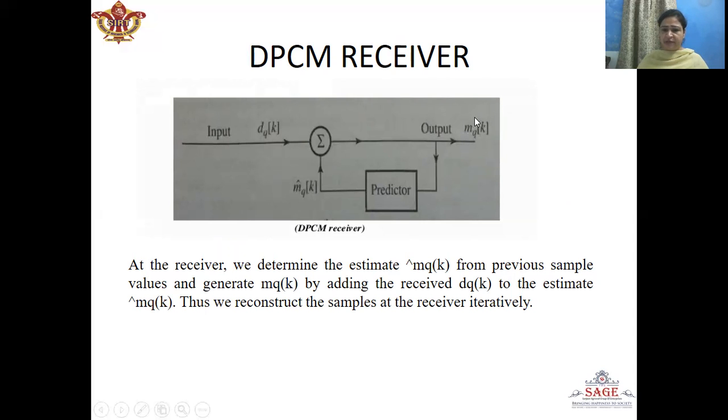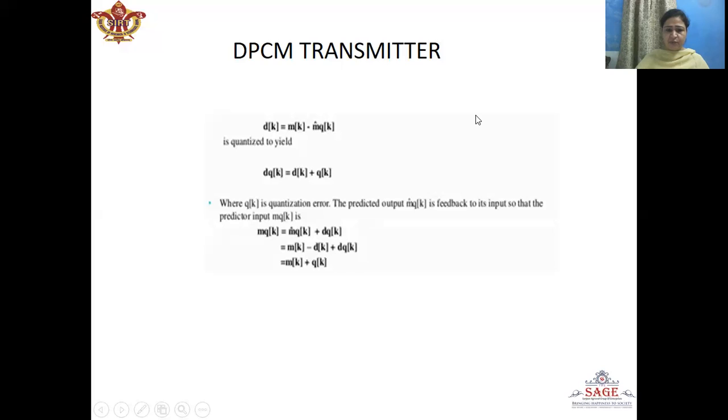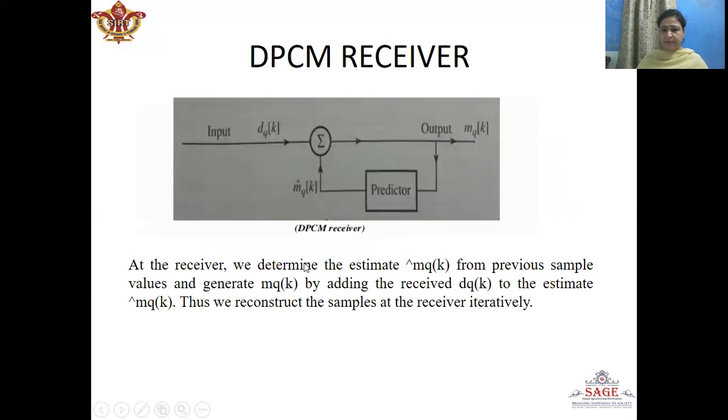Now, since we already know from the previous equation that MQK is the quantized version of the MK, from this MQK we can easily generate MK by giving it to the low pass filter, which will reduce the quantization error.